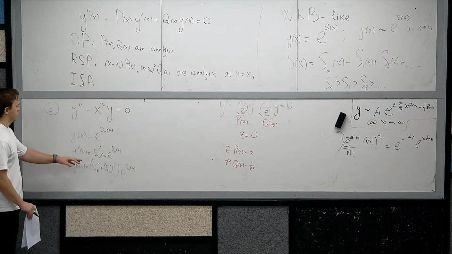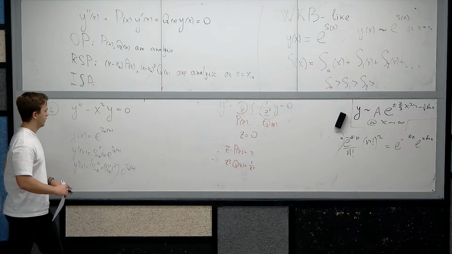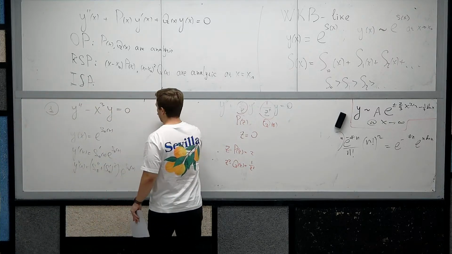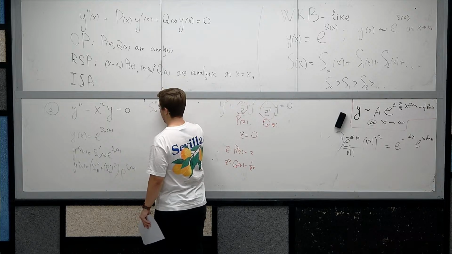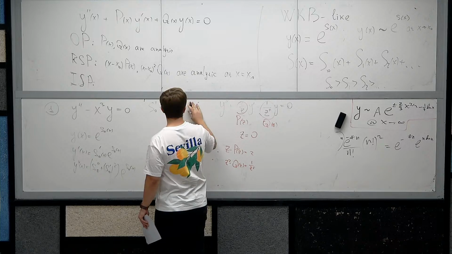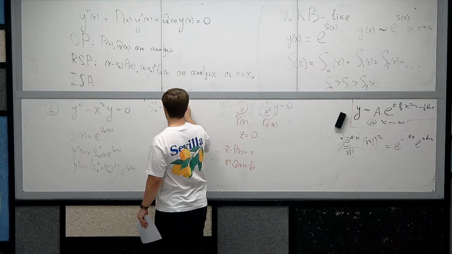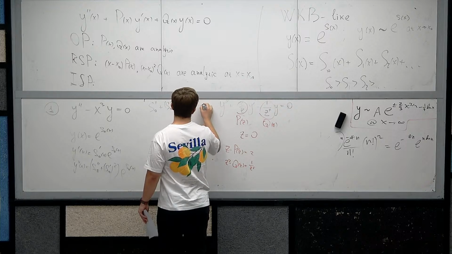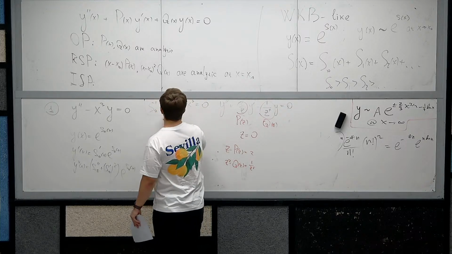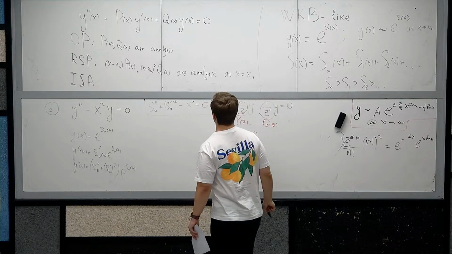Okay. Then we substitute it into the equation. We will get S naught double prime plus S naught prime squared minus x cubed equals 0. So this one. Okay.